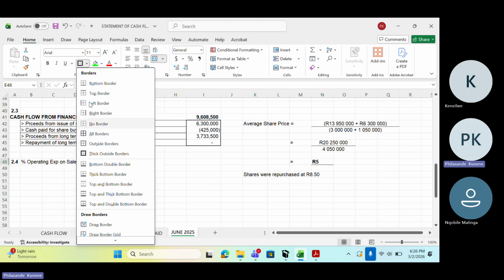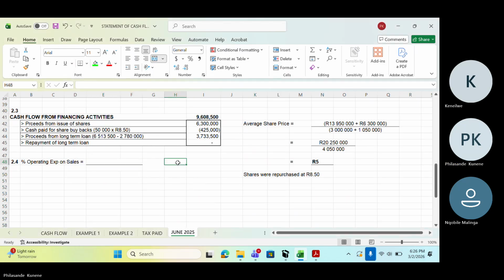That is operating expenses over sales, multiplied by 100 over 1, right? So this is the formula for us to calculate the percentage operating expenses on sales.